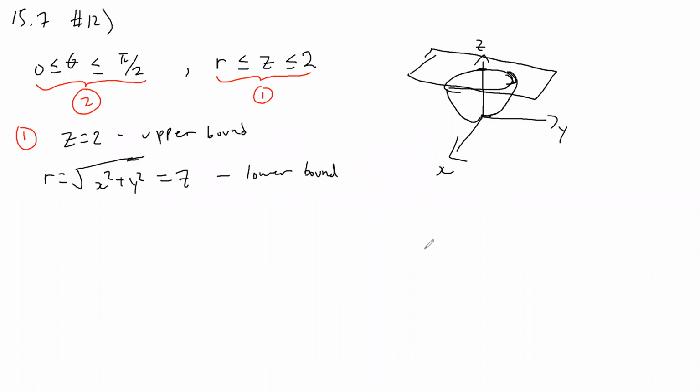If I condense this down, we're only going to care about this side of the cone, because theta is this angle in the xy plane, so we just focus on the cone in between 0 and pi over 2. So for question number 12, this is roughly what the solid is going to look like.